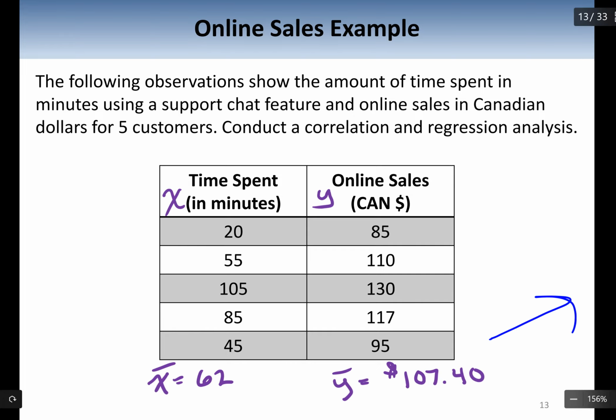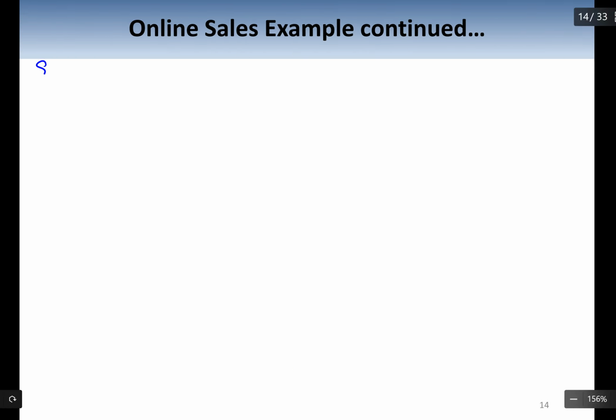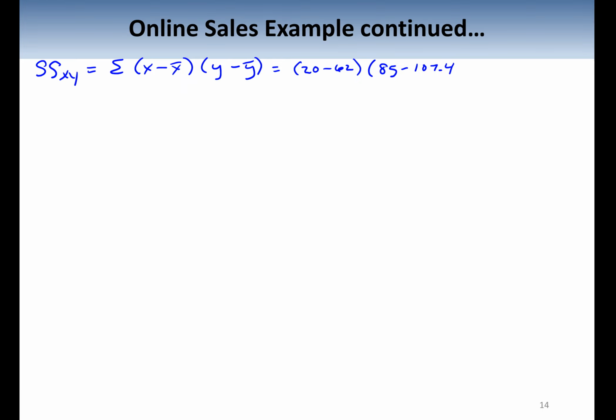So all of those we need to get on the next page here. So we'll just keep going. We have S, X, Y. And that is the sum of each X, subtract the average X, multiplied by each Y, subtract the average Y. And so for customer number 1, we have 20 minutes, subtract the average 62 minutes, multiply that by what they spent. They spent $85, subtract the average amount spent in dollars. So that was 107.4.